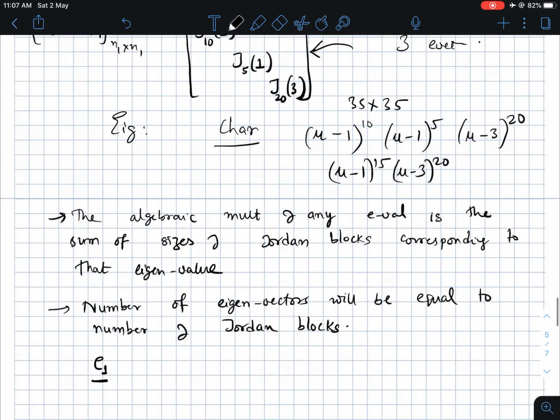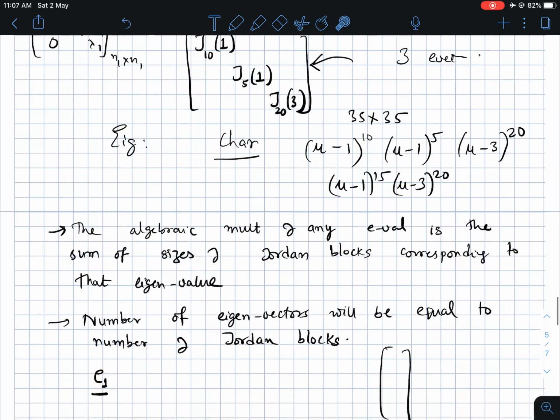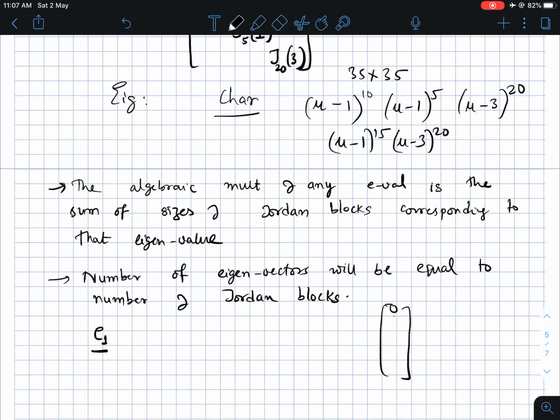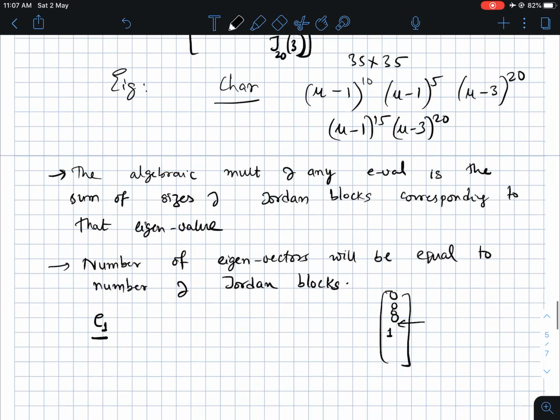If you write down a vector, the first 10 positions will be taken by the first block, so you will have zeros in the first 10 positions. At the 11th position you will have a 1, and then zeros everywhere else. This is going to be E11, so E11 is another eigenvector.